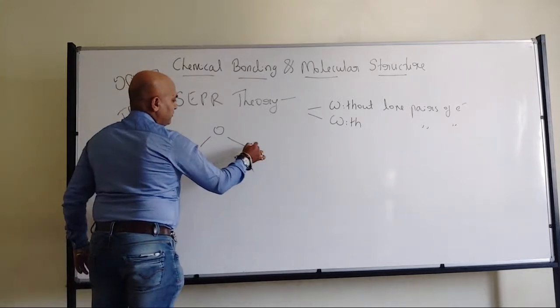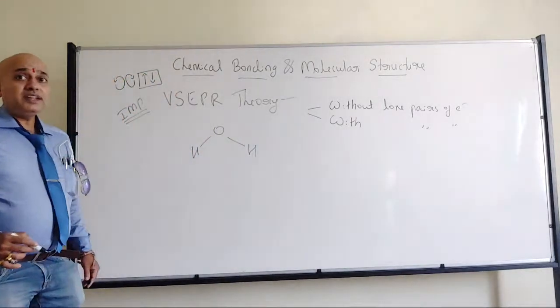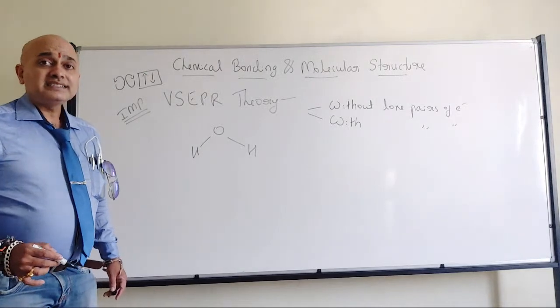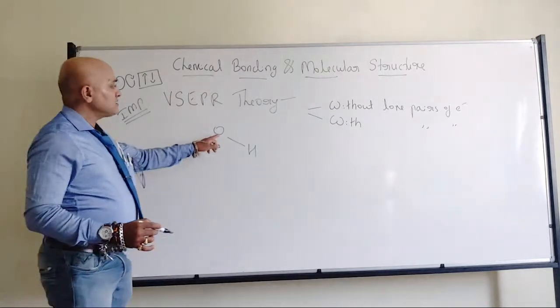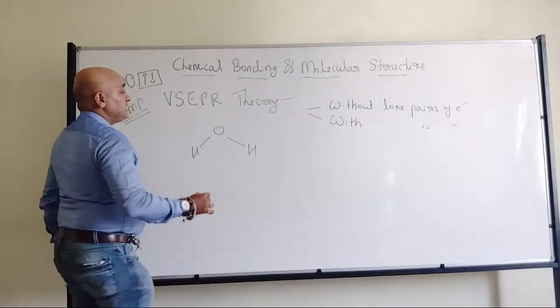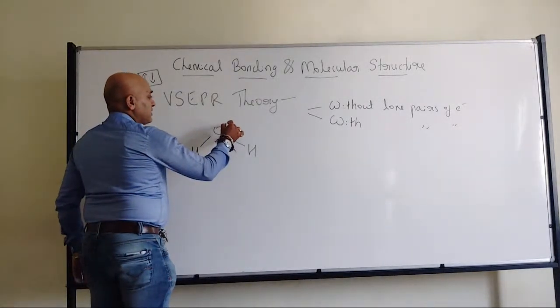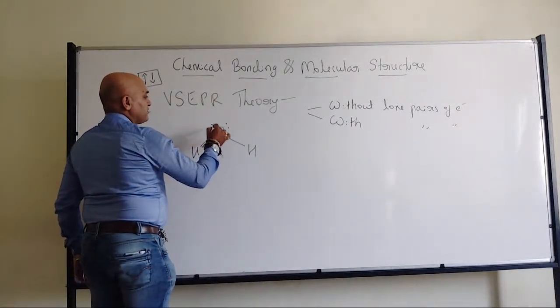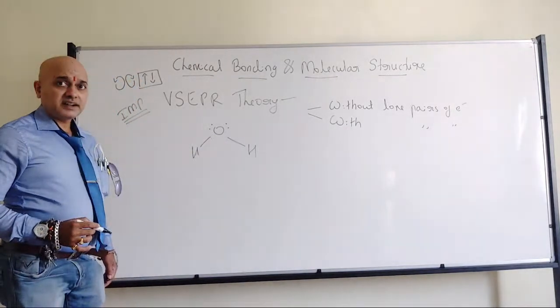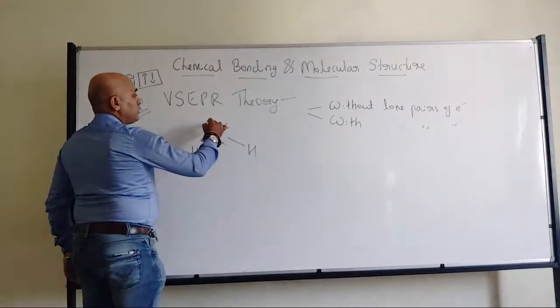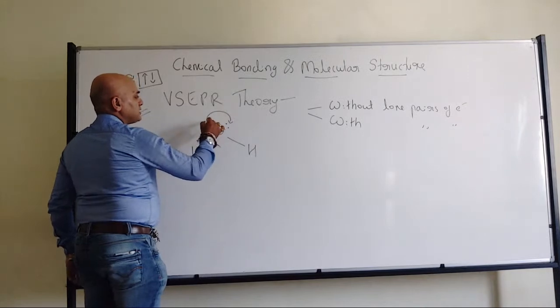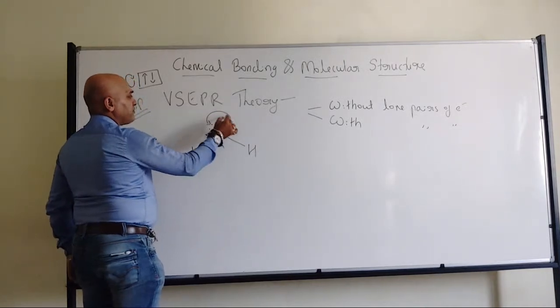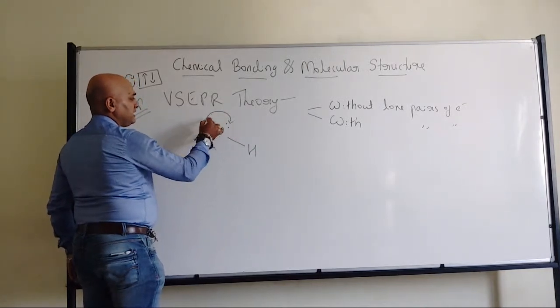If I take the water, here the central atom is oxygen, right? Now there will be the presence of 2 lone pairs of electrons. So that means lone pair repulsion, since it is there, they should be much far from each other.